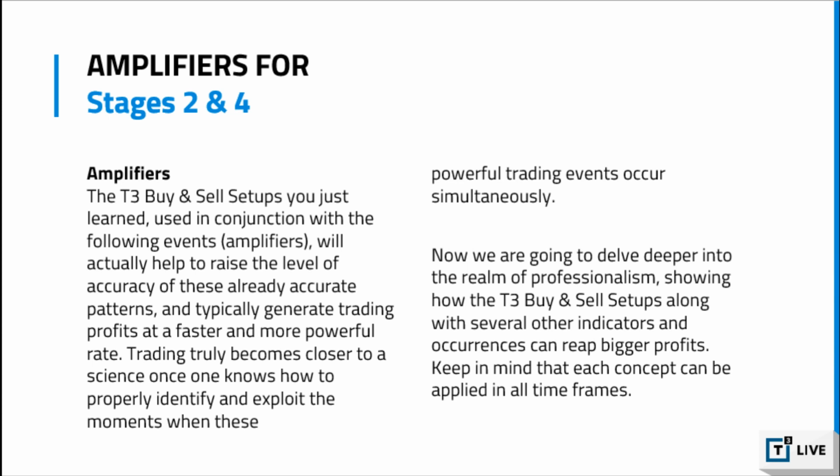Trading truly becomes closer to a science once one knows how to properly identify and exploit the moments when these powerful trading events occur simultaneously. Now we are going to delve deeper into the realm of professionalism, showing you how the T3 buy and sell setups, along with several other indicators and occurrences, can reap bigger profits. Keep in mind that each concept can be applied in all time frames.